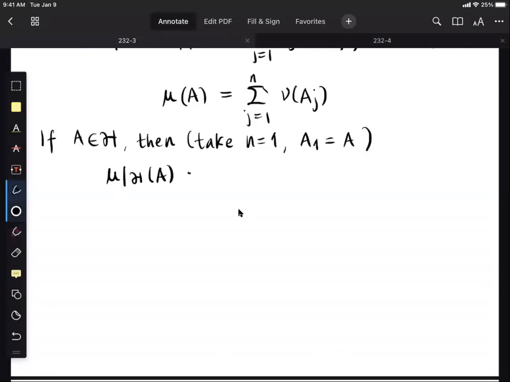Okay, so this is basically nu of A. Since A is in H, the restriction of the function and the function itself have the same values. And if n is equal to 1 and A1 is equal to A, the sum would reduce to nu of A.